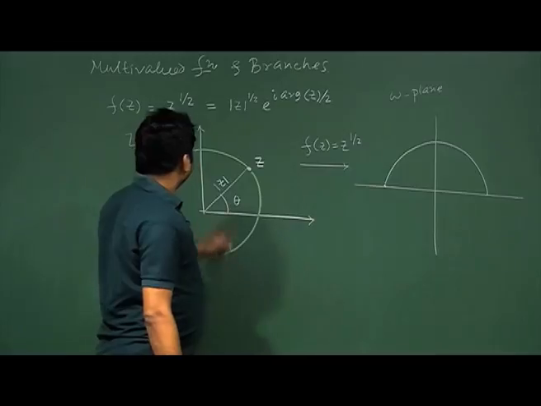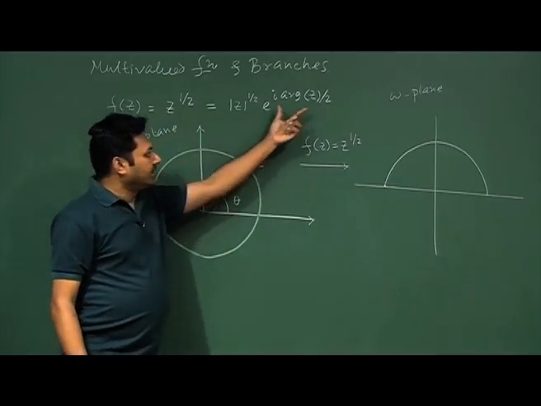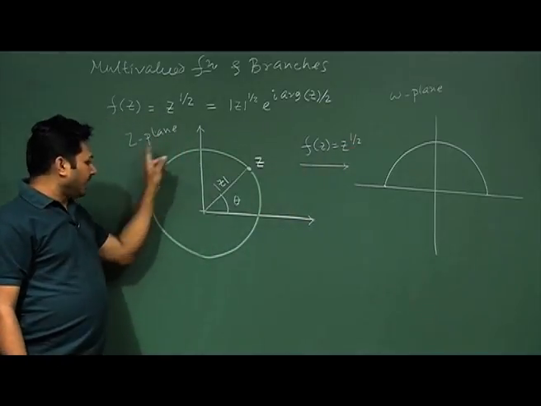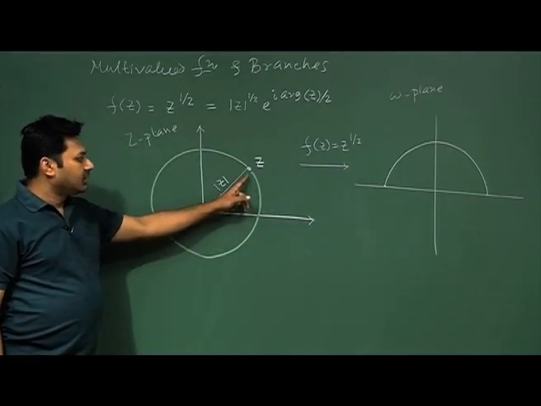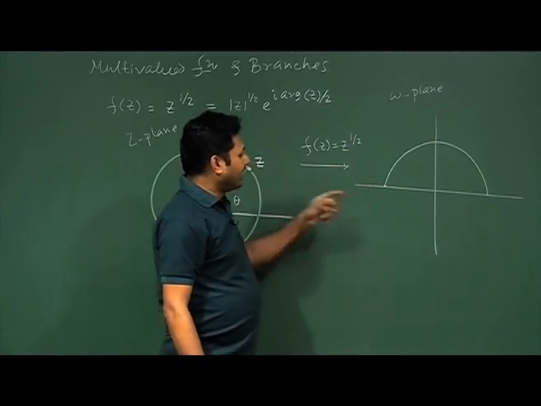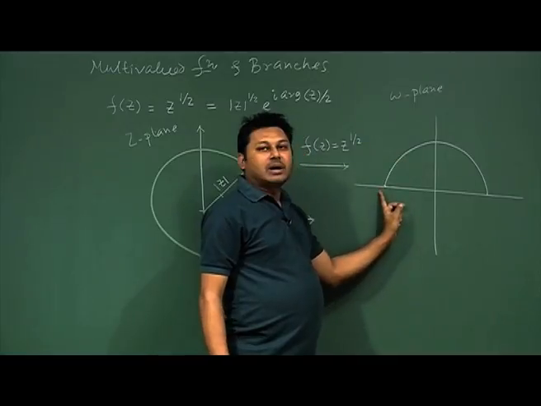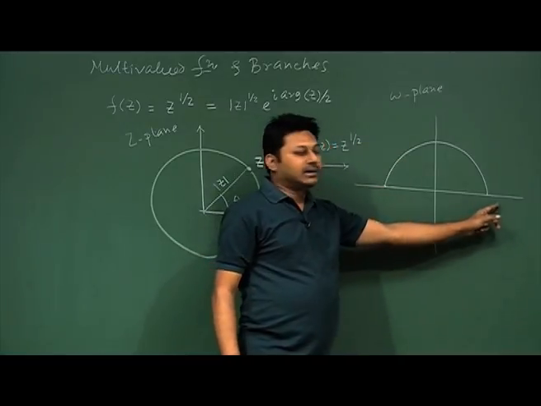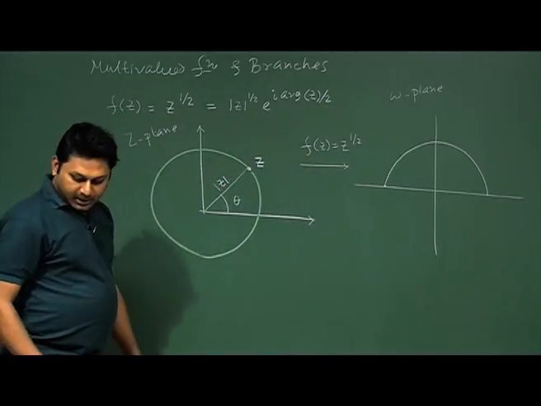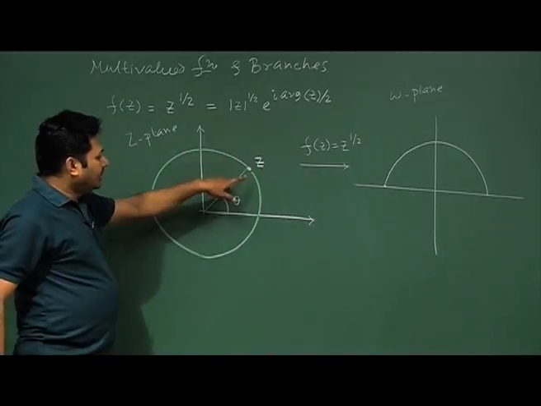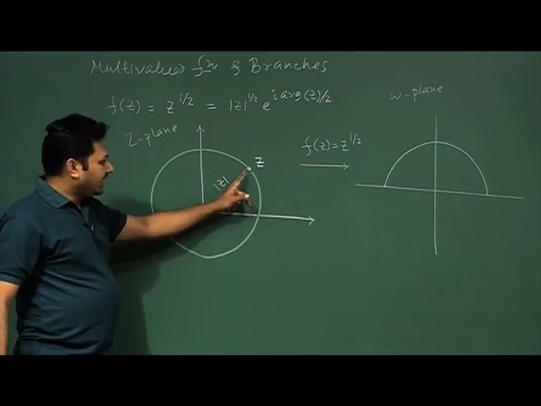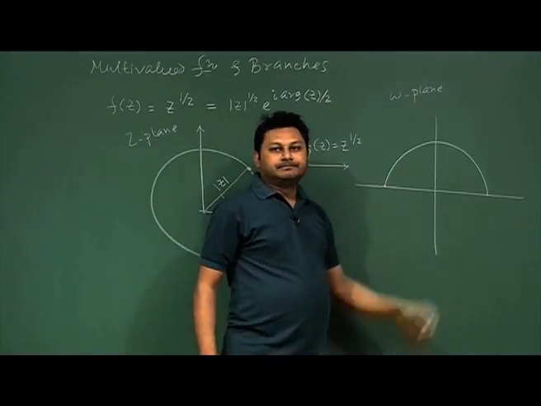Why? Because my argument here is divided by 2, since my function is z to the power half. So, if I have a full rotation in the z plane, in the w plane I will cover only the upper part, not the entire lower part. In order to cover the lower part, we need to rotate another round, and then I will get the lower part.